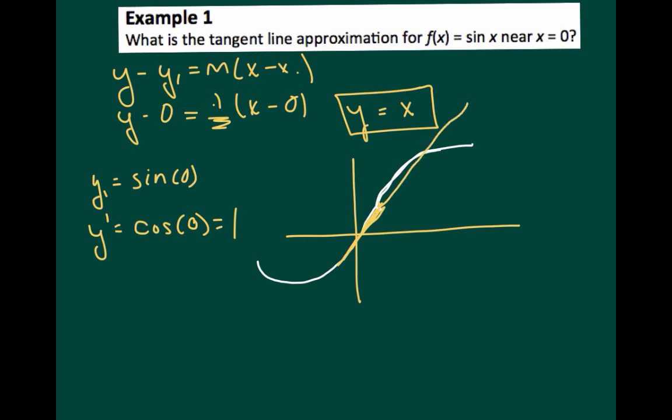So at some point, the points on our line would get pretty far away from the points that are actually on sine. And so the farther we get from our center of linearization, or the given x value, the less accurate the estimate becomes. Okay, let's try one more example.